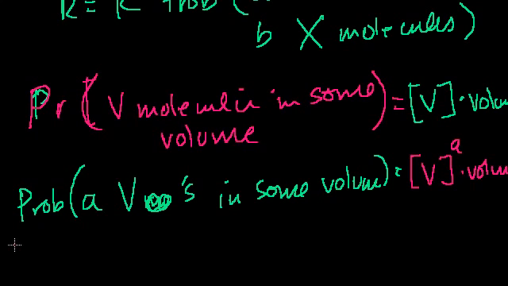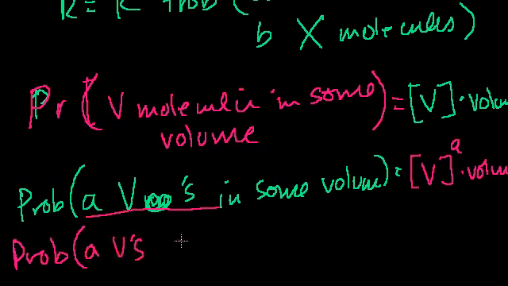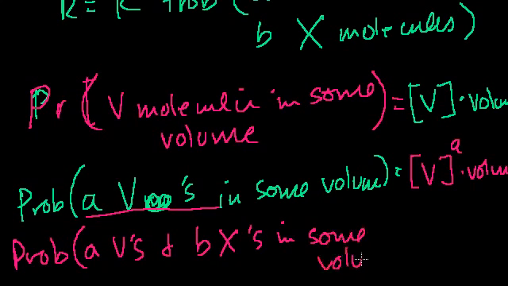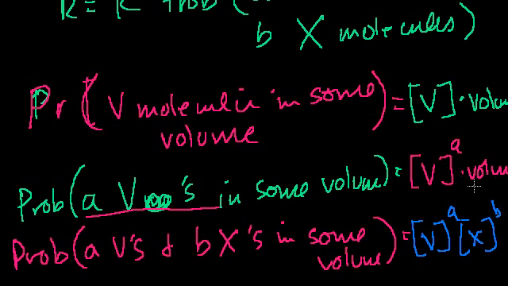If you also care about the probability, so you want all of that, A V's and B X's in some volume, well, then you're going to have to multiply all of them together. So it's going to be equal to the concentration of V to the A power times the concentration of X to the B power times the volume.